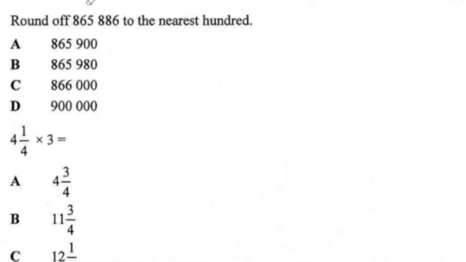Question number 51. Round off this to the nearest hundreds. Okay, so which number is the place value of hundreds? So we know this is ones, tens, hundreds, so 8. To the nearest hundreds. Okay, so what we're going to do now is write this number here.